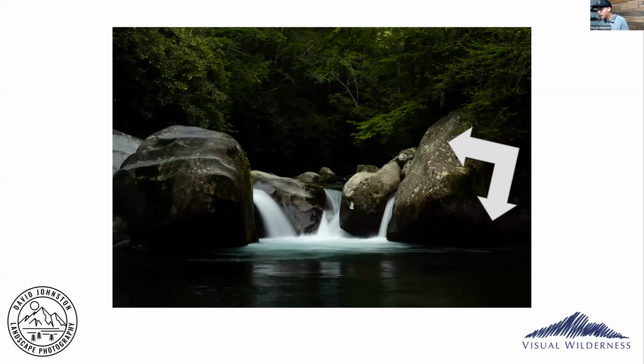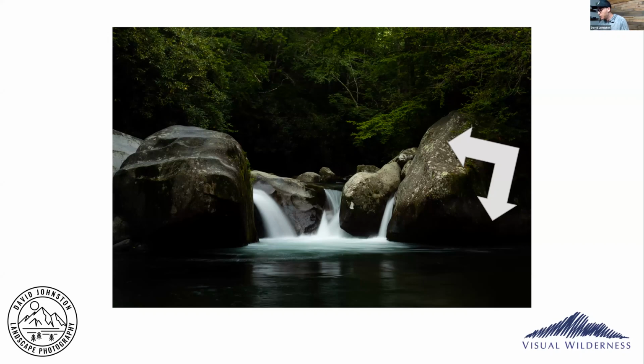What do I want to bring out of the highlights? Well, on the rock on the left, there are some ridge marks on it, and some algae growing on it. For all the rocks and even the trees highlighted in the background, I want to create separation and contrast in those tones and create a photograph that's compelling, because when you import a raw file, it looks nothing like this.